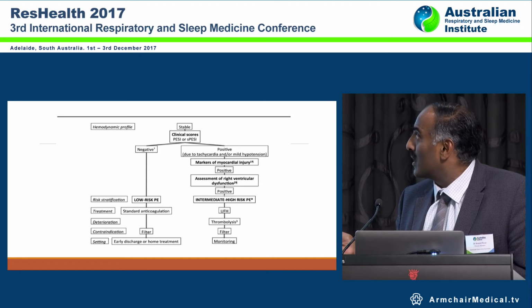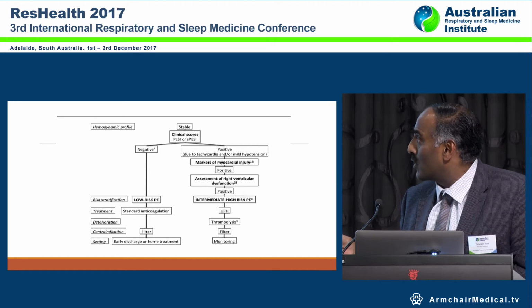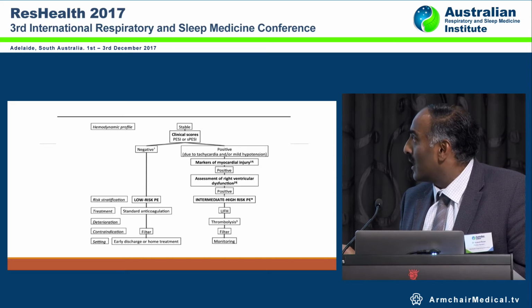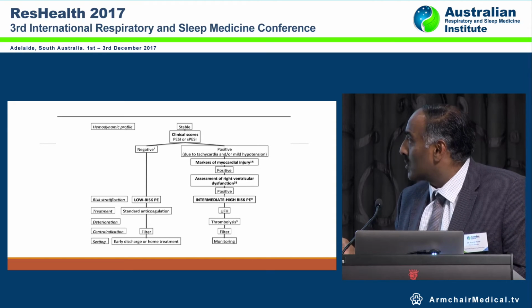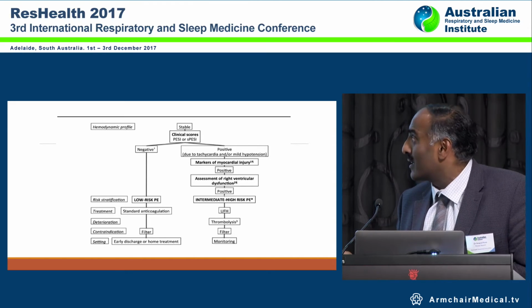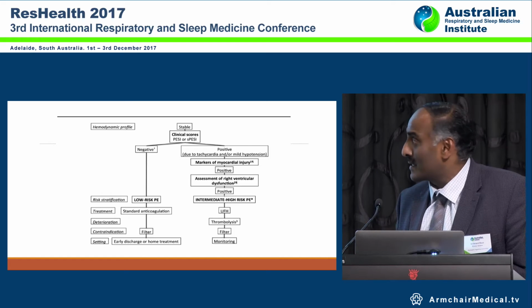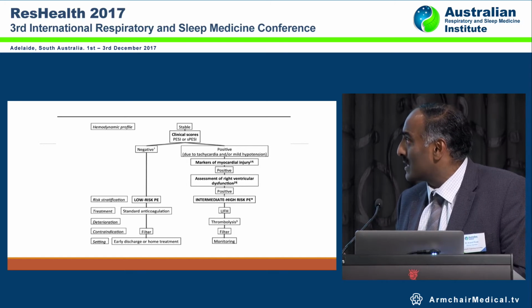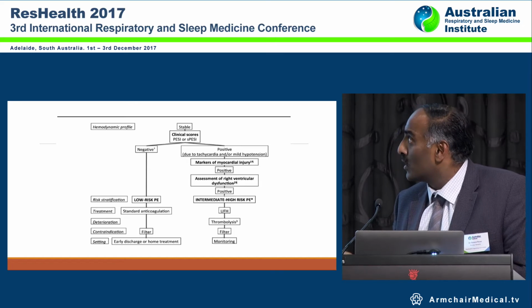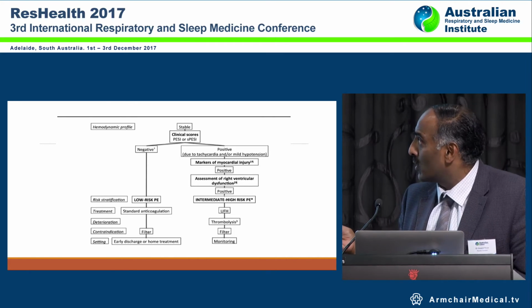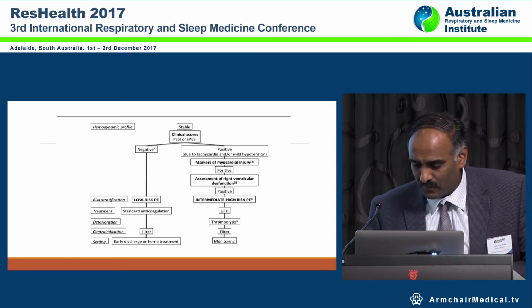If the troponin is positive, we'll need an echocardiogram. And if the echocardiogram shows RV dysfunction, they need monitoring and possible thrombolysis. It's not standard practice, so this is controversial, but they need intensive monitoring. The low risk, though, you could get away with standard anticoagulation. And later in the talk, I will talk about the crossover from here.